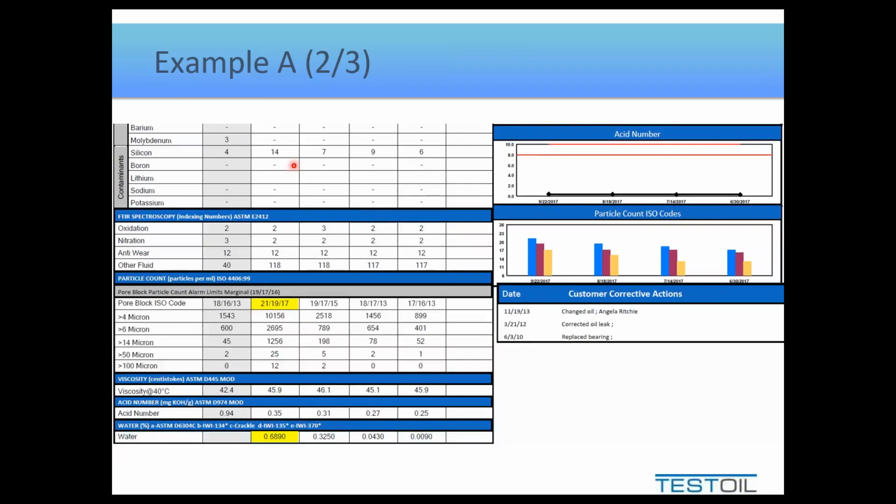Now, if you keep reading the report and you get down into the FTIR data, you will see the numbers compare very well with the new oil values here, and they trend from history all the way through quite smoothly. Once you get to this value, though, the other fluid, which is not a direct measurement of how much other fluid is present in the sample, it's rather a parameter that helps us identify if there's another fluid. And every oil's got its own unique baseline value.